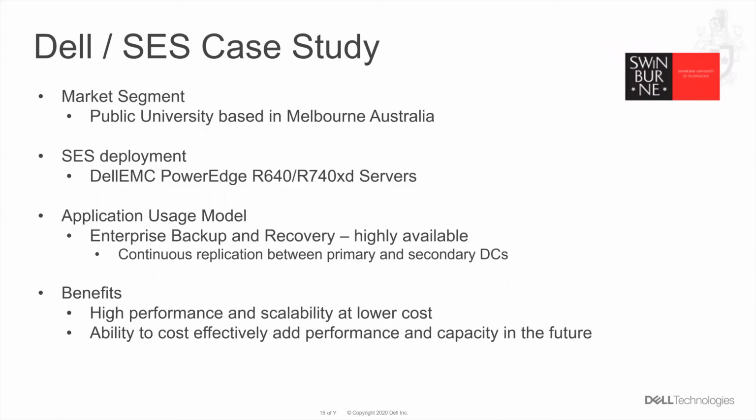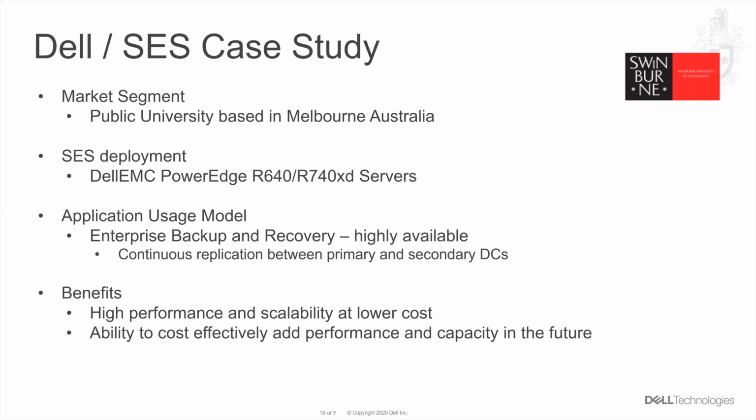And then the next case study is Swinburne University in Australia. They are a fairly large Dell customer. They've got a supercomputer based on Dell servers, but they were actually looking for an enterprise backup and recovery solution, and decided to go again with SES and Dell PowerEdge servers. One of the key requirements for them was high availability, and so they wanted to be able to do continuous replication between primary and backup data centers, and we were able to achieve that.